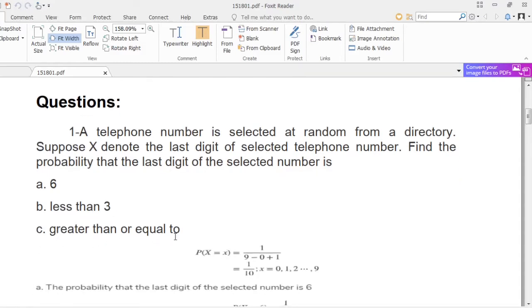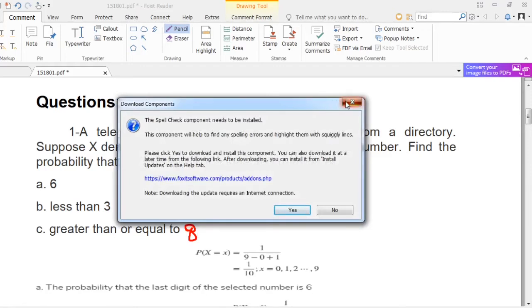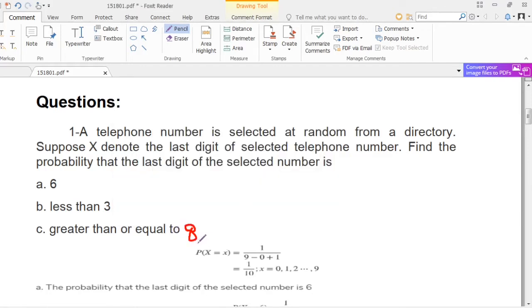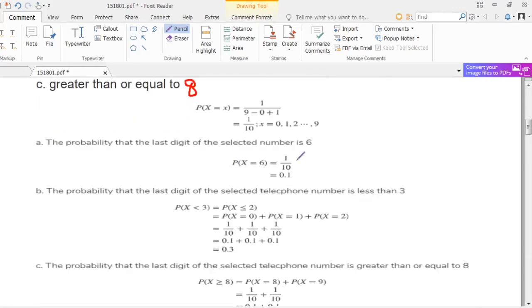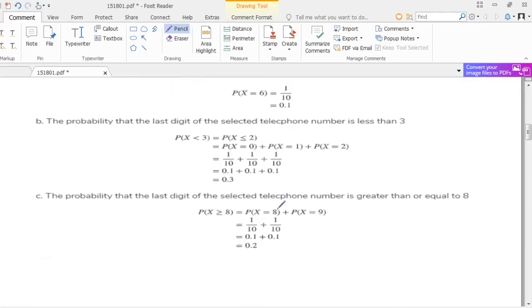For C, greater than or equal to 8. You have one way here: you get the probability of 8 and the probability of 9, which is the only number greater than 8 among the 10 numbers. So it's 0.1 for the first one, 0.3 for B, and for C you get the probability for 8 and the probability for 9.